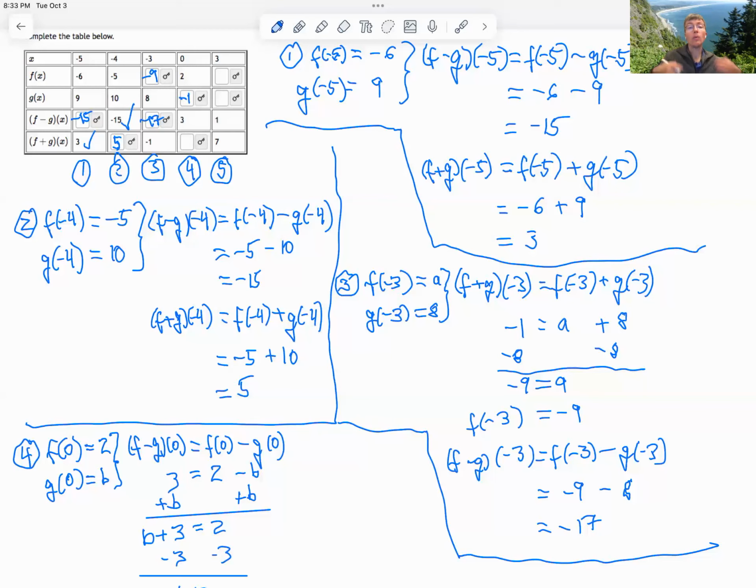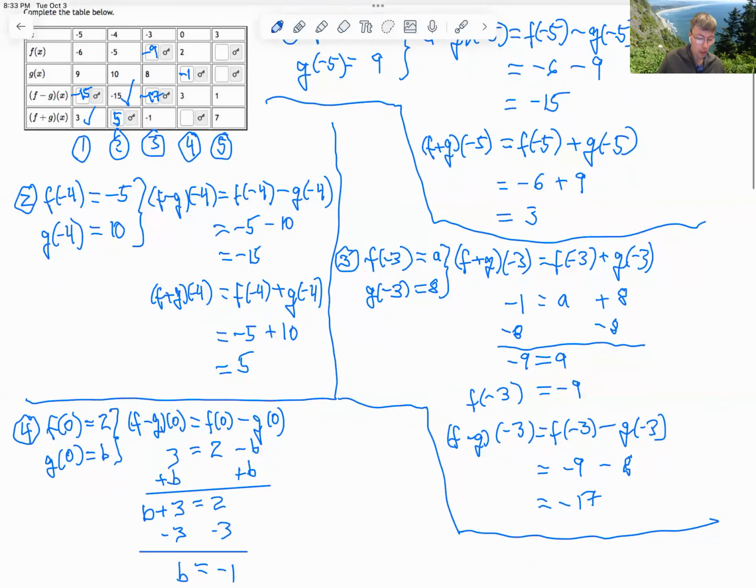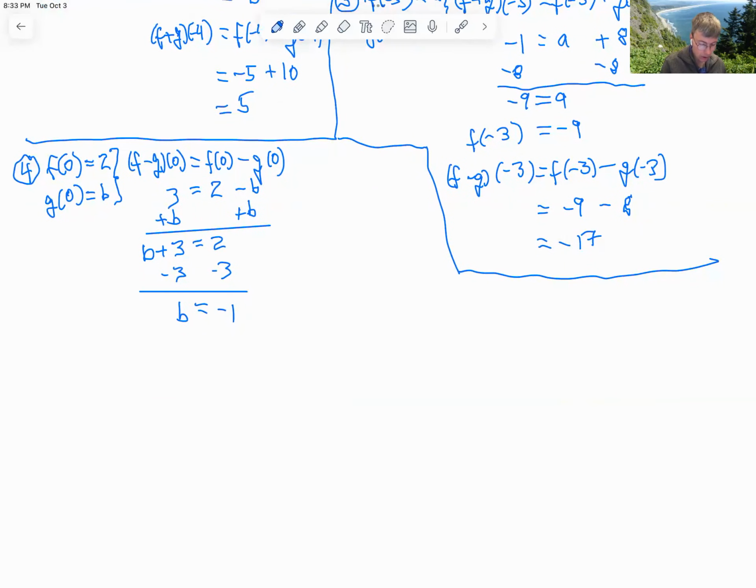And then now we can find f plus g of x. So let me first write out here that this is g of 0 equals negative 1. And so then I can find f plus g of 0 equals, and again, f of 0 plus g of 0.